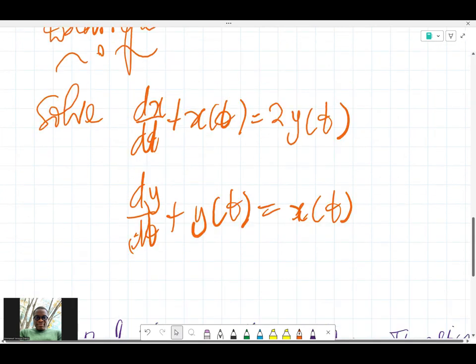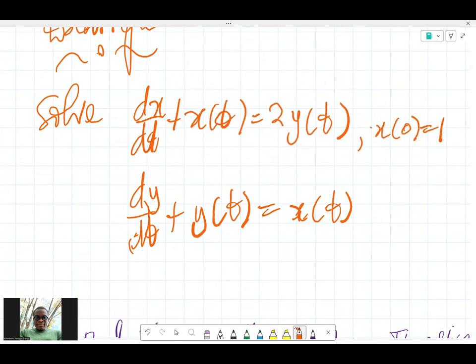For the initial conditions, let's take x(0) to be 1, and let y(0) also be 1.